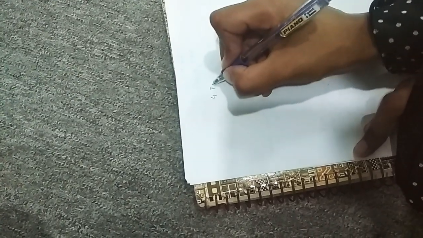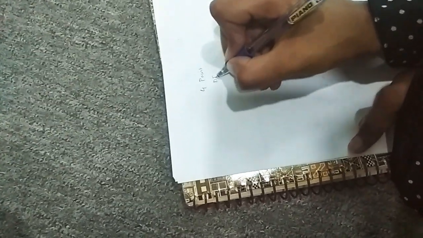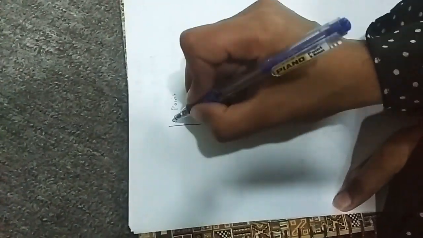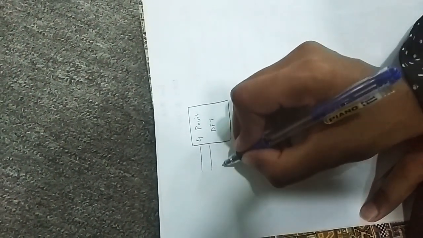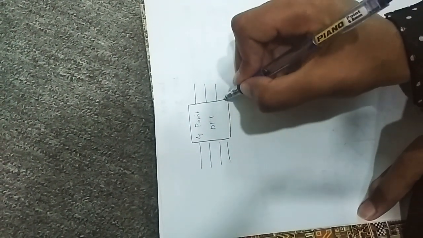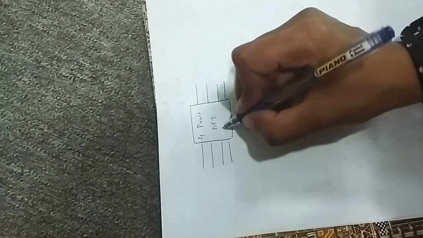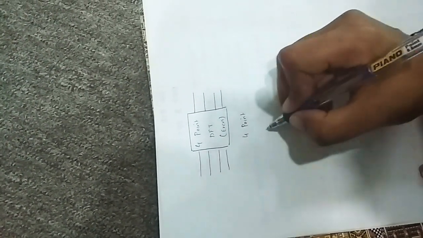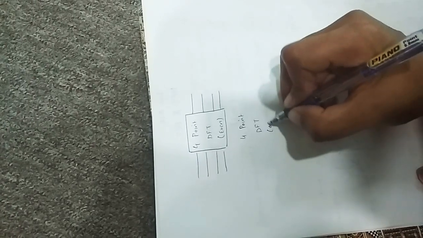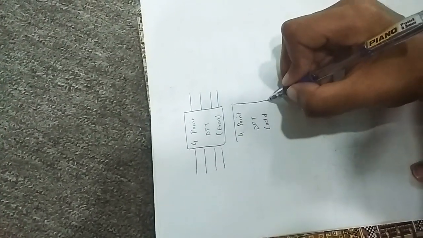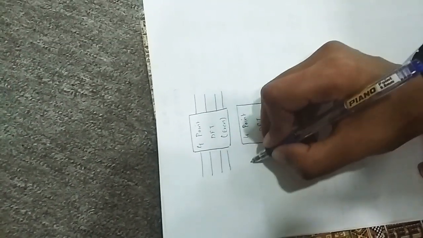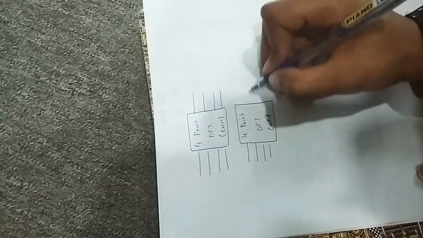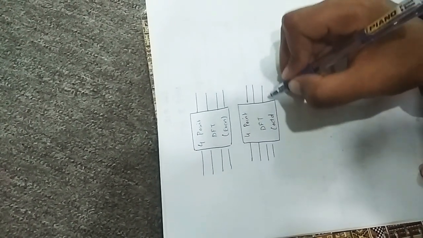Let's suppose we divide it into a 4-point discrete Fourier transform. It will take the even inputs and give 4 even outputs, and similarly I will have a 4-point discrete Fourier transform for the odd inputs, which will give the odd outputs.